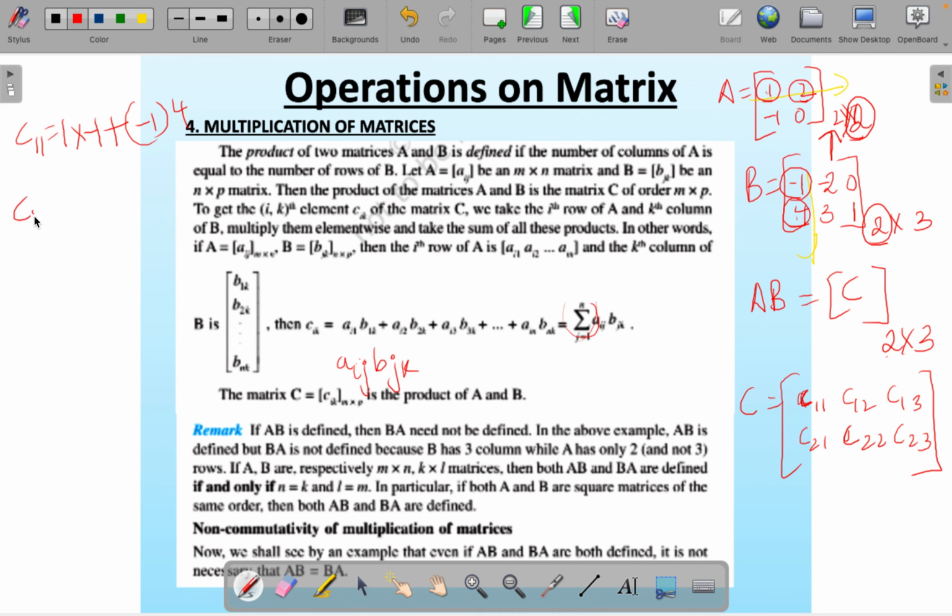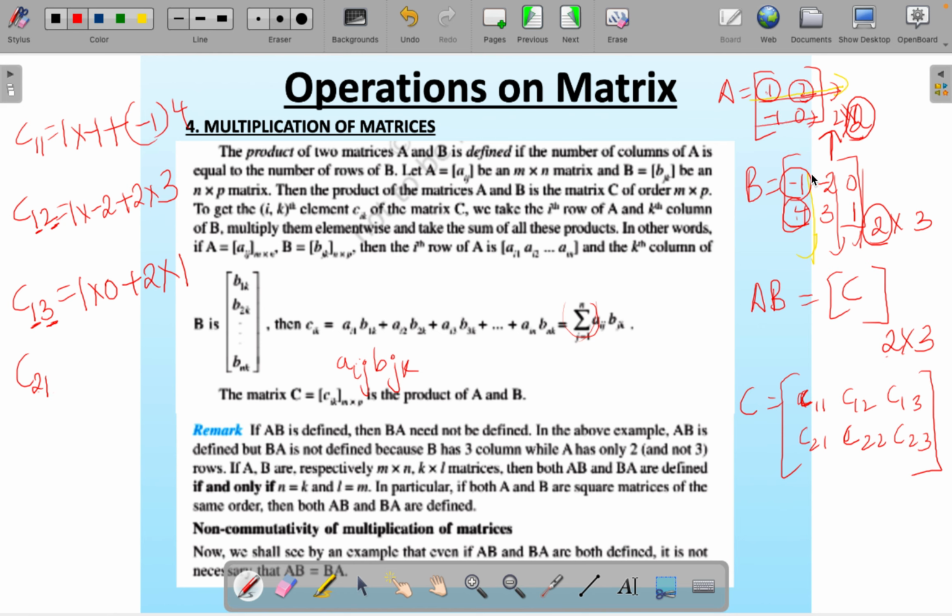Now, how will you find C12? Read it: first row into second column. That is 1 into minus 2 plus 2 into 3. Now C13, again read: first row into third column. So 1 into 0 plus 2 into 1. Right, children? Then C21, read again: second row, first column.